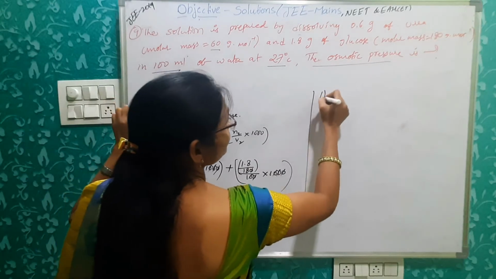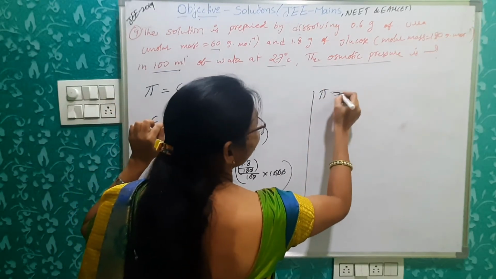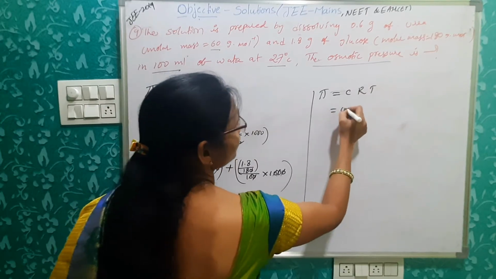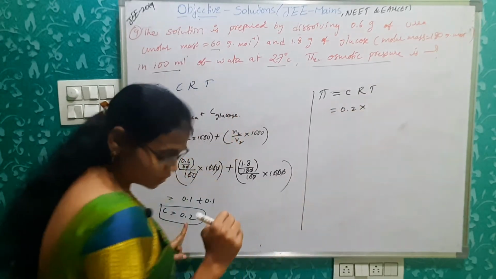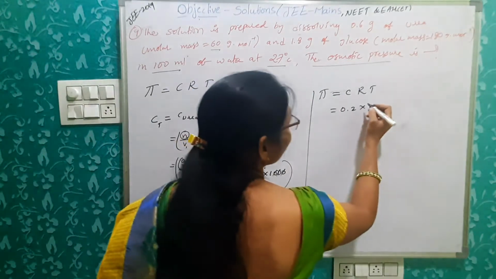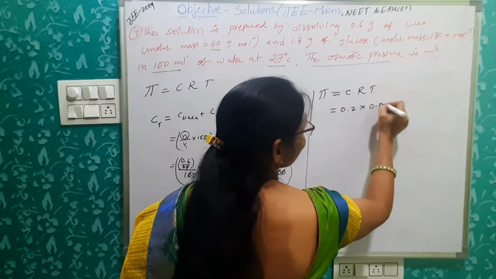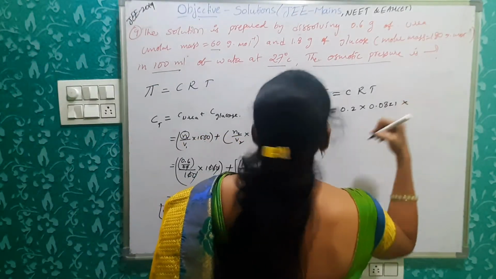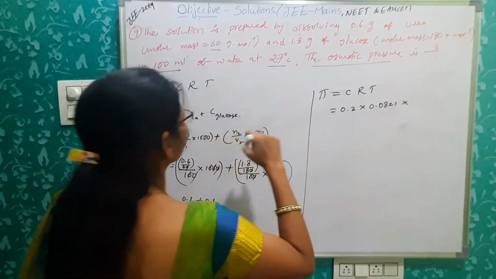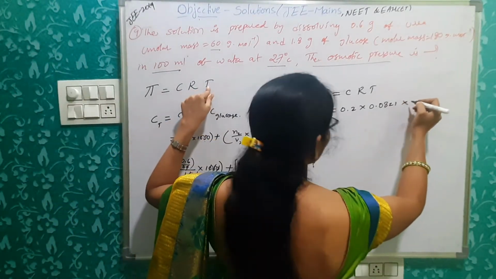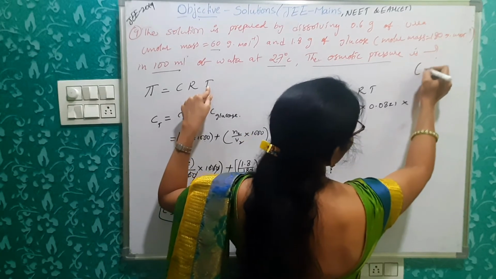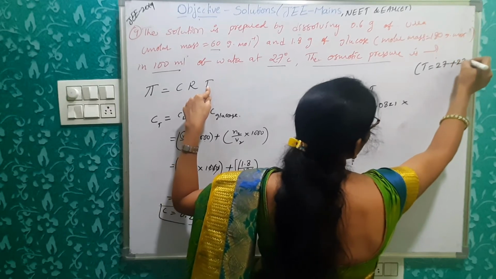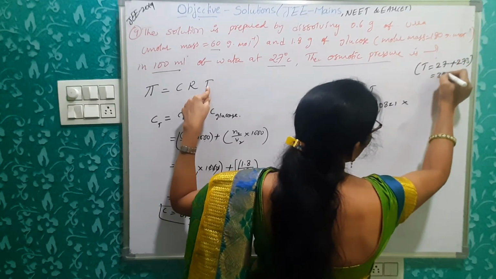Now pi is equal to CRT. Concentration 0.2, and the gas constant in liter atmosphere is 0.0821. Okay, that is a constant value, we have to remember that. Next, T, the temperature, is given as 27 degrees Celsius plus 273, how much? 300.